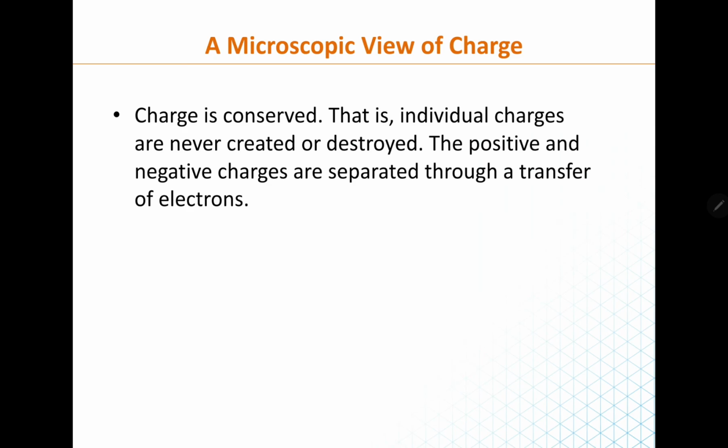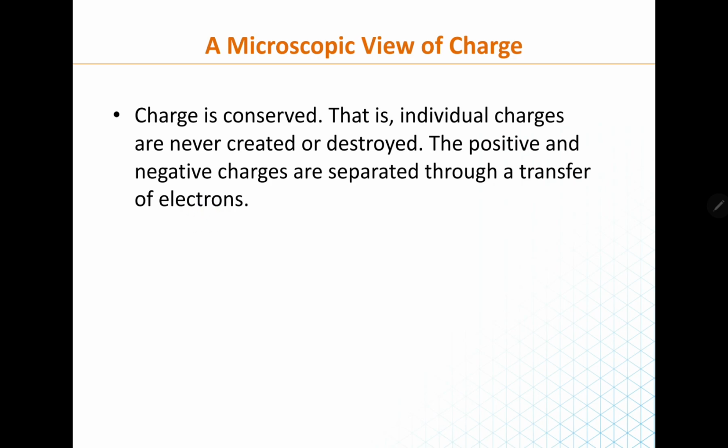The final note that we have for today: charge is conserved, that is, individual charges are never created or destroyed. What does that mean? The positive and negative charges are separated through a transfer of electrons.